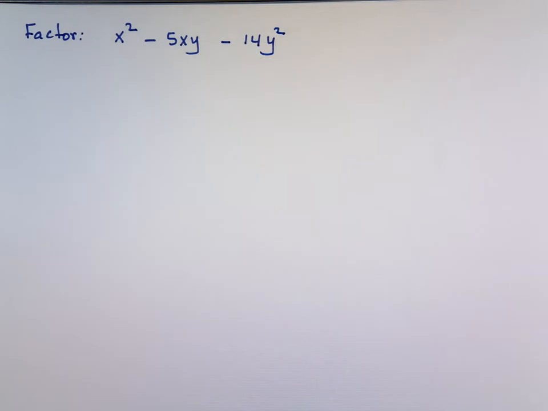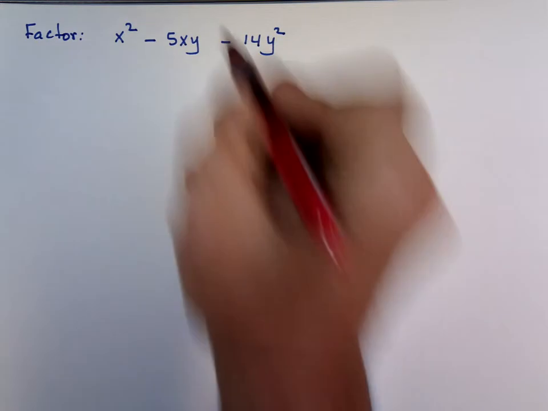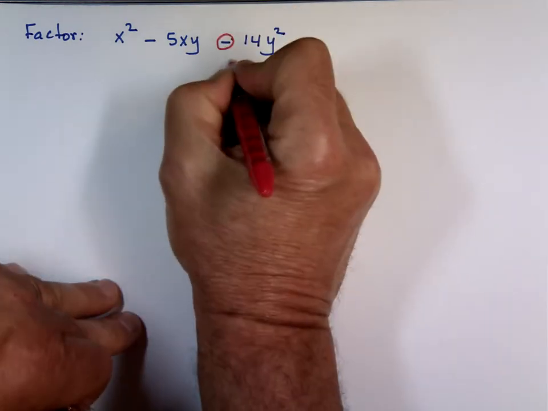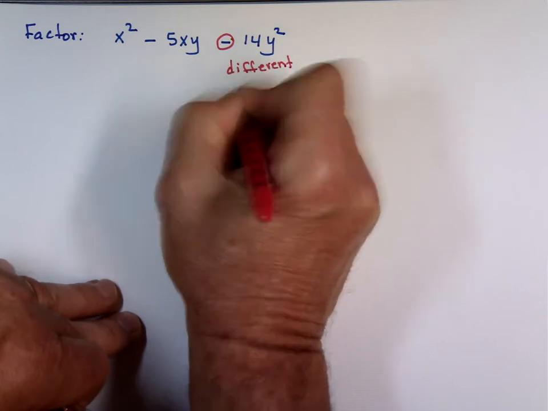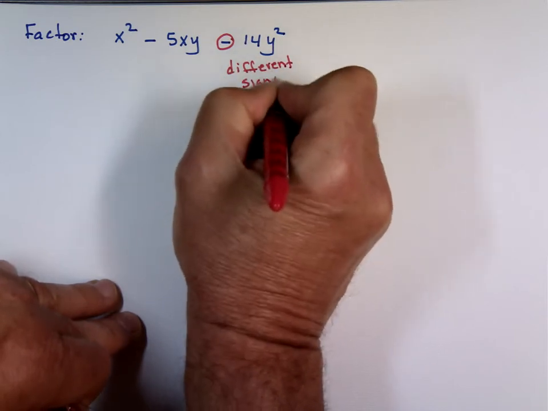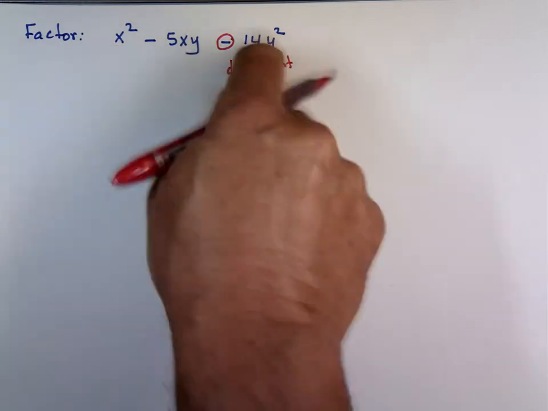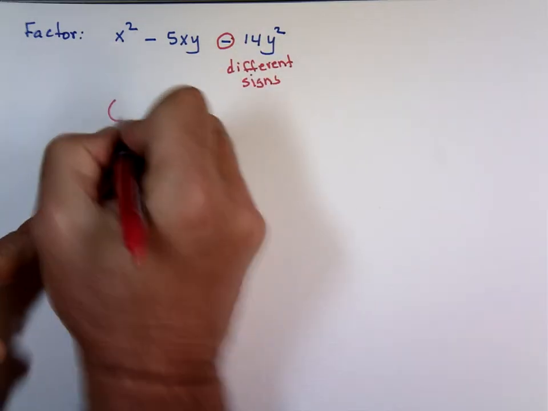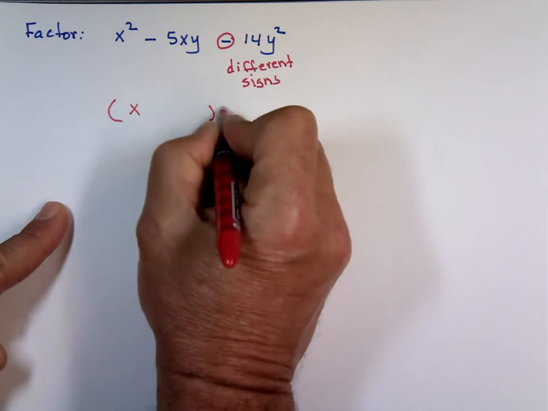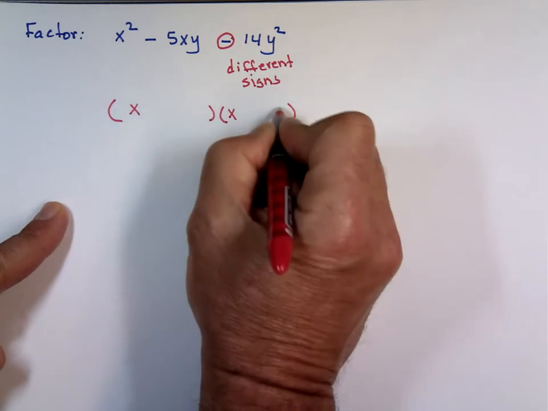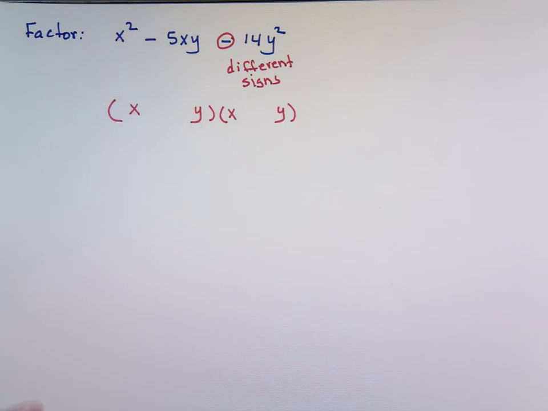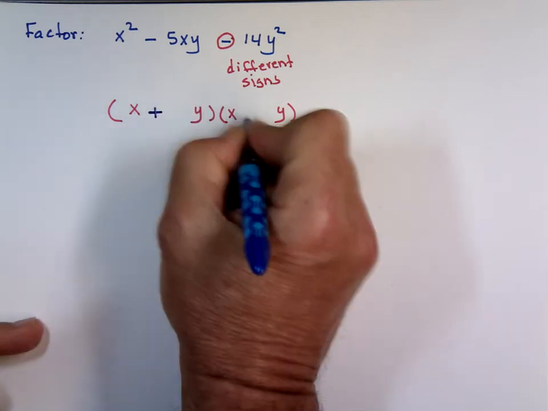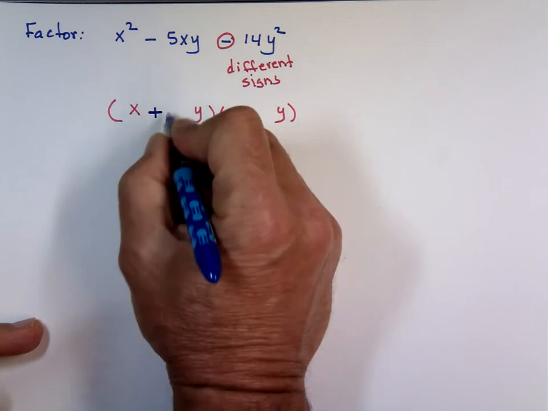Again, this sign is negative, which means different signs. But I got x squared and y squared, so I know I'm going to have x, and I'm going to have y and y. And since there are different signs, one is positive, one is negative, and there are some numbers here. I'm not sure what these numbers are.